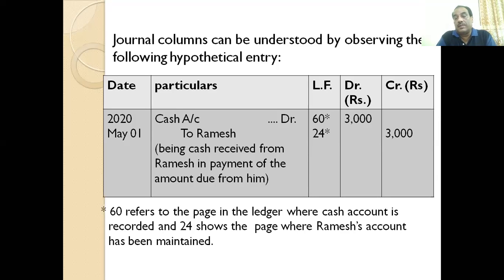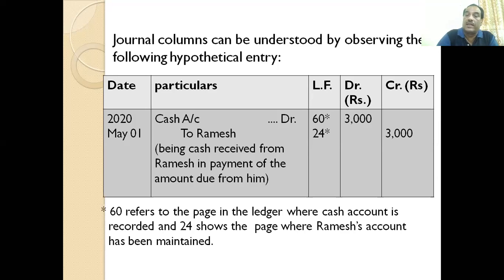So suppose an organization has a due from Ramesh of rupees 3,000. So Ramesh has to pay 3,000 in cash to the organization. So the cash account will be debited because value is coming in. Cash account is a personal account, and that account is debited.